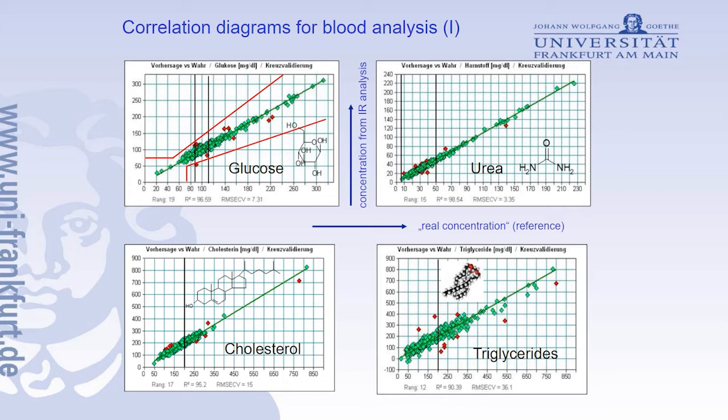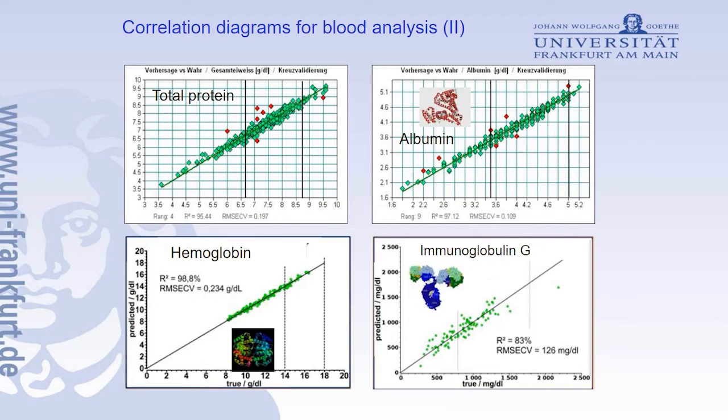In all these graphs, you have on the horizontal axis the real concentration, which means the gold standard, the reference from a clinical lab. And on the vertical axis, you have the concentration derived from infrared spectroscopy, and that is extremely precise for glucose, urea, cholesterol, triglycerides, and as we see in the following picture, also for total protein, albumin, hemoglobin, and immunoglobulin.